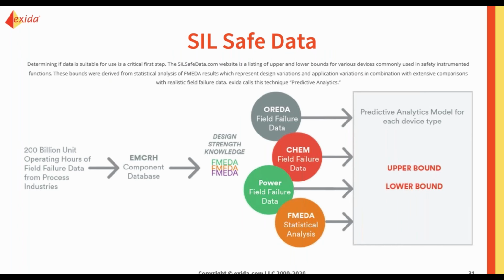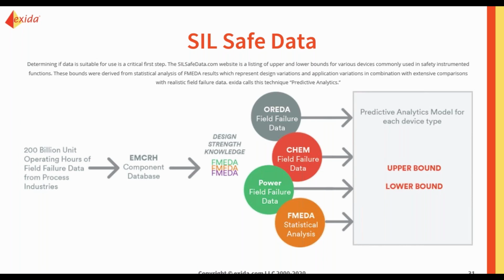So where does the SIL Safe Data get its information from? Well, all over the place. It was a huge database compiled together with, this was a couple years ago, 200 billion unit operating hours of field failure data, plus all of the FMEDAs that we've ever done, plus the exida handbook, a chem handbook, and power handbook, the EMCRH component database, the military handbook, that I forget the MIL standard on that, the Siemens original database.